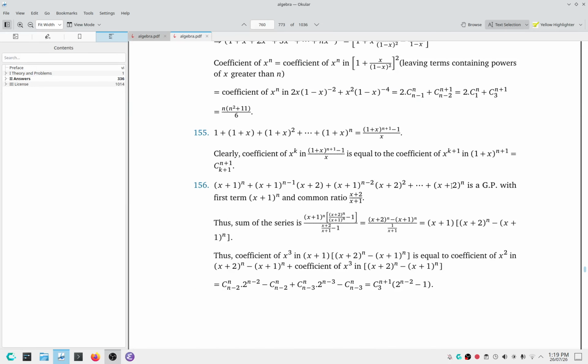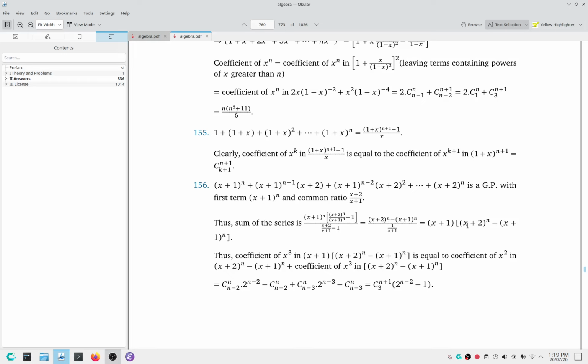So it's a GP, the terms are in GP with first term being (x plus 1) to the power n and common ratio (x plus 2) upon (x plus 1). So we sum the series, it becomes (x plus 1) to the power n times ((x plus 2) to the power n upon (x plus 1) to the power n minus 1) upon ((x plus 2) upon (x plus 1) minus 1), which is equal to ((x plus 2) to the power n minus (x plus 1) to the power n) upon (1 plus x plus 1).